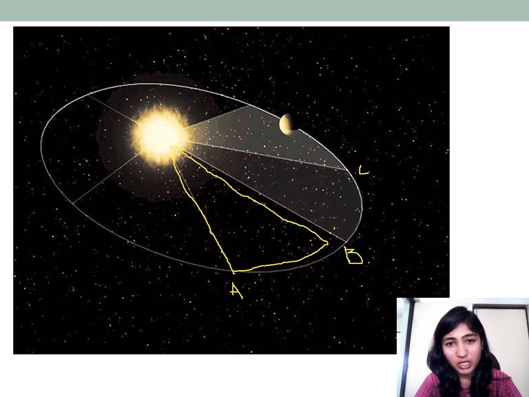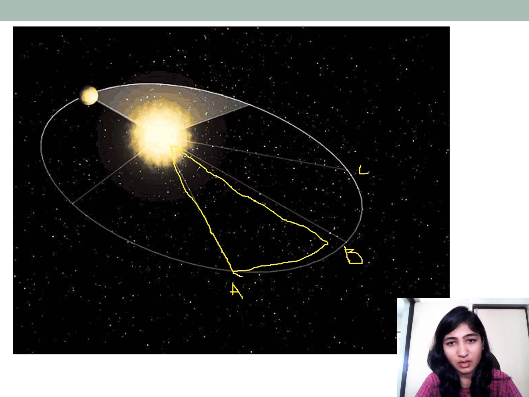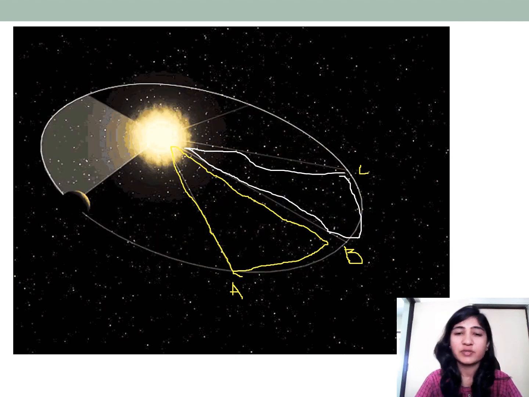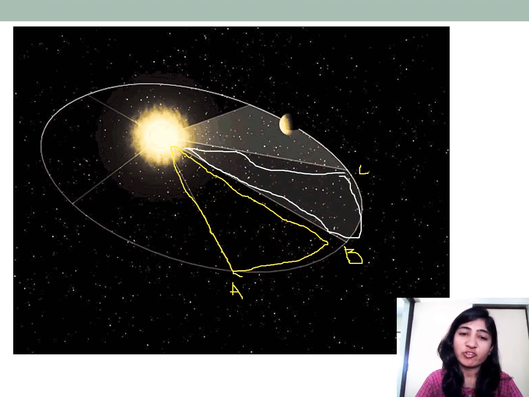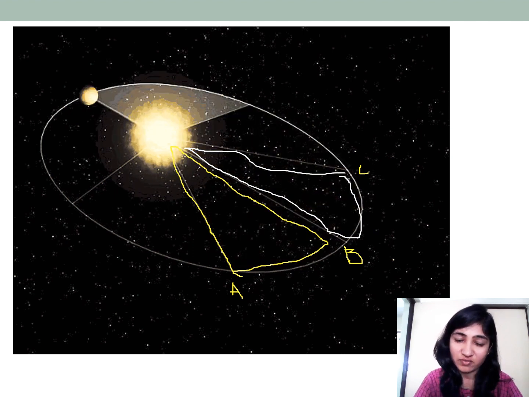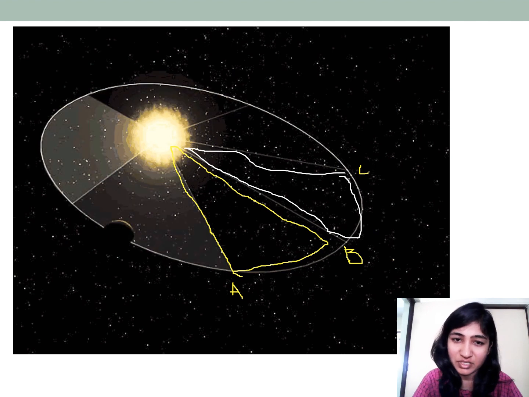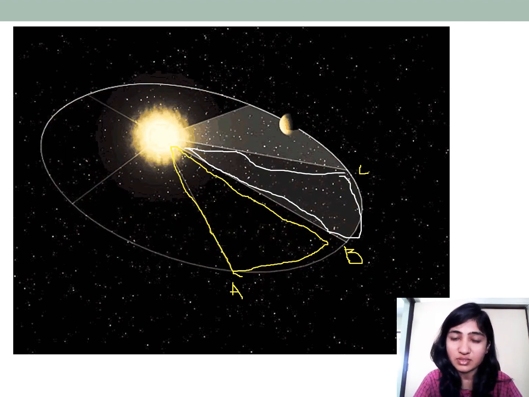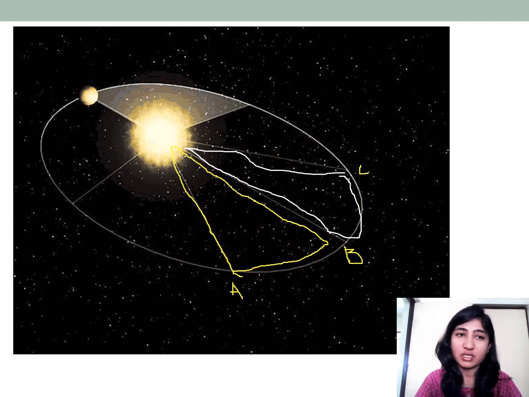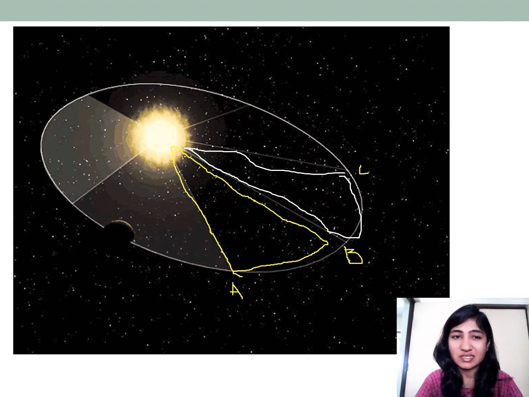This is the area of arc AB, and this is the area under the arc BC. If the planet travels from A to B in the same time it travels from B to C, then the areas under AB and under BC are the same. So the line joining the planet and the sun sweeps equal areas in equal intervals of time. This is the second law.